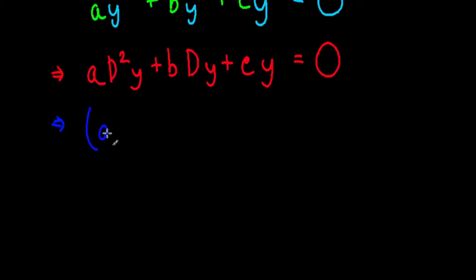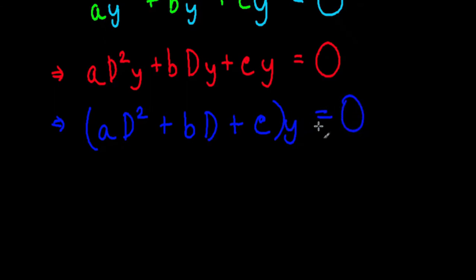It doesn't really mean that you're allowed to factor the y, but the advantage is that we can write this a bit shortly. You can kind of think of factoring the y, and what you'll have is something that looks like this. Again, all I'm saying is this is just a notation for this equation. You cannot actually factor the y from the derivatives. It's just a way of writing it.